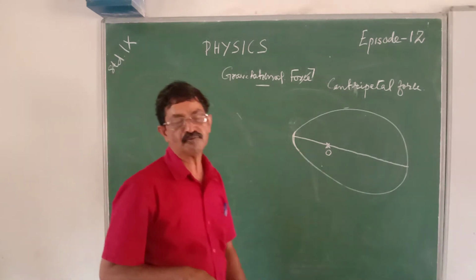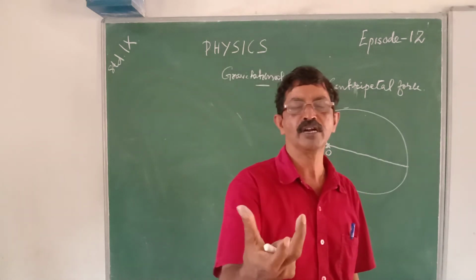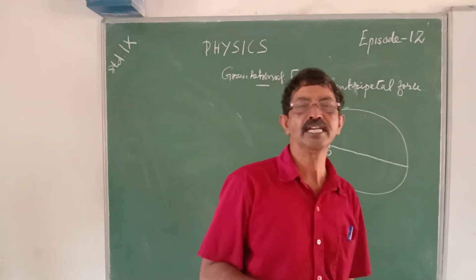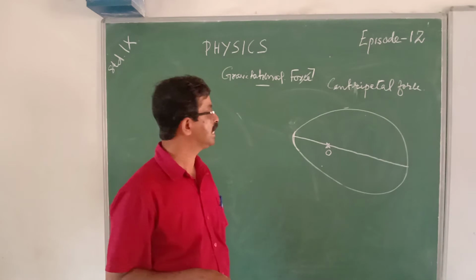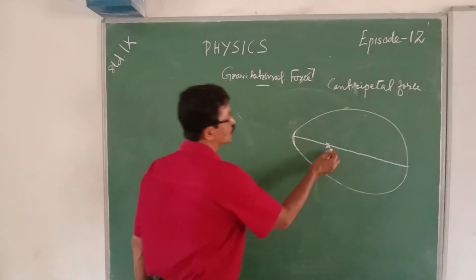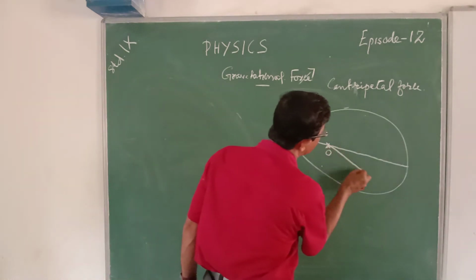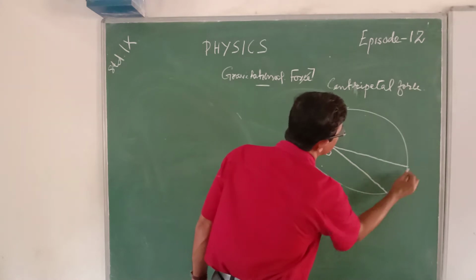The radius vector drawn from sun to planet sweeps equal areas in equal intervals of time. Suppose this is the position of the sun, and let A, B be two points.